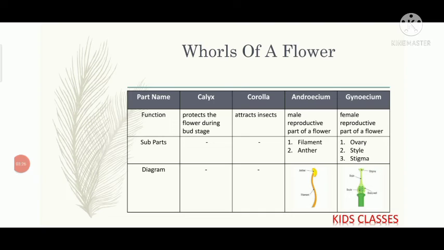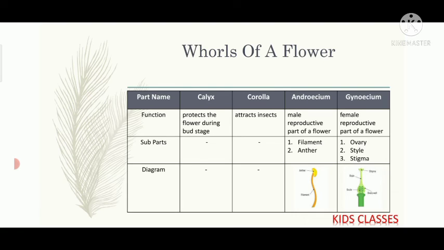Now come to the fourth whorl of the flower, that is gynoecium. Okay. It constitutes the female reproductive part of the flower and is also known as pistil. The pistil consists of one or more female reproductive units, that are called carpels. Okay. And each carpel contains three important parts. What are the parts? It is written in the table: ovary, style and stigma.